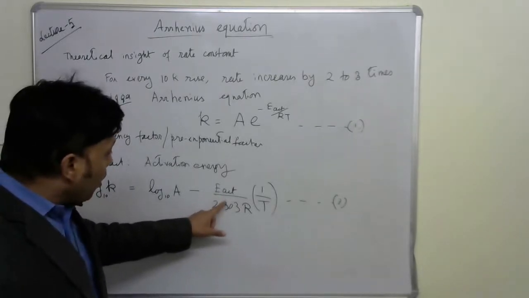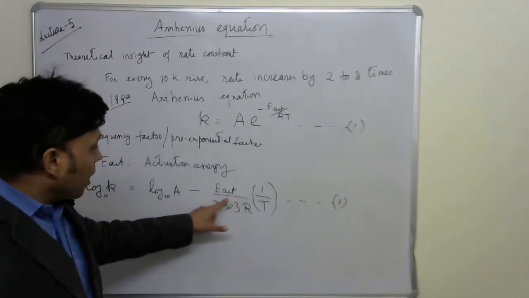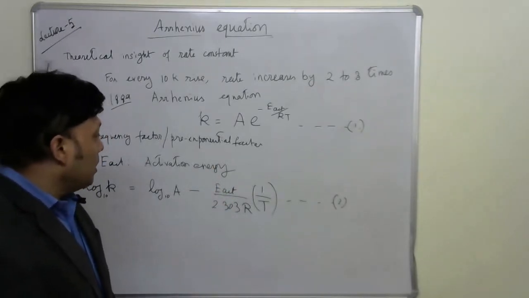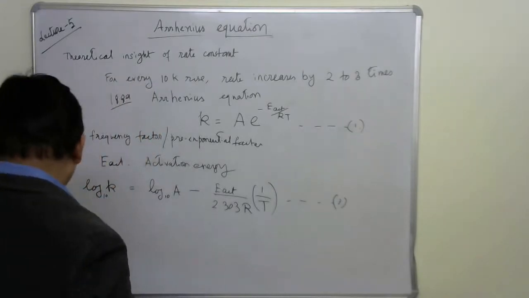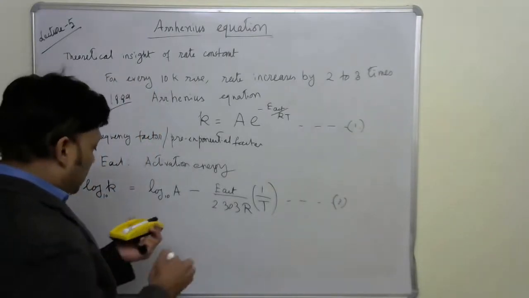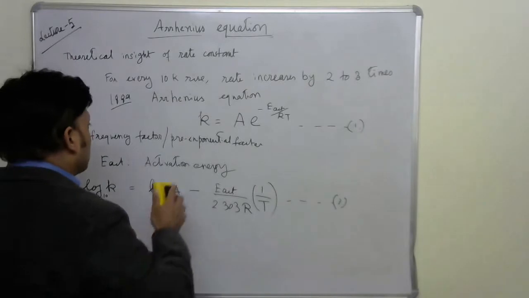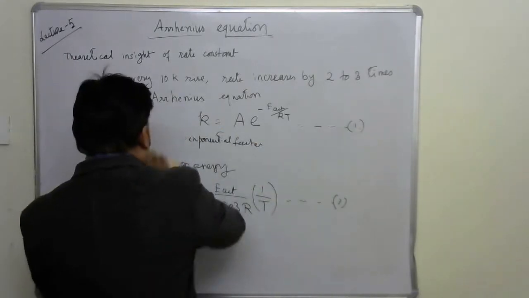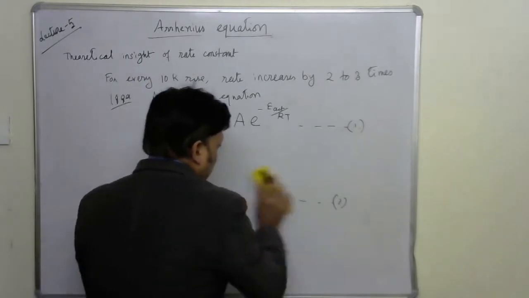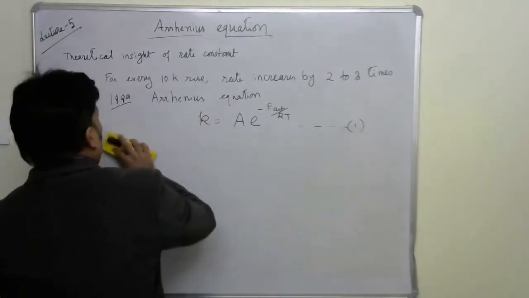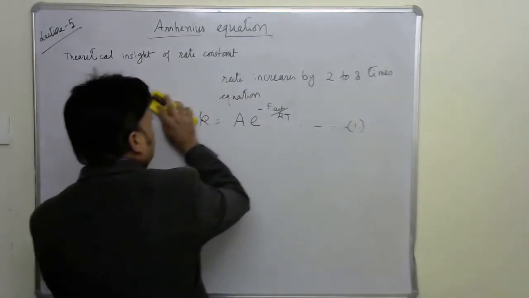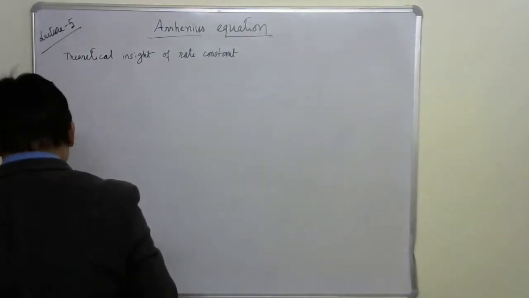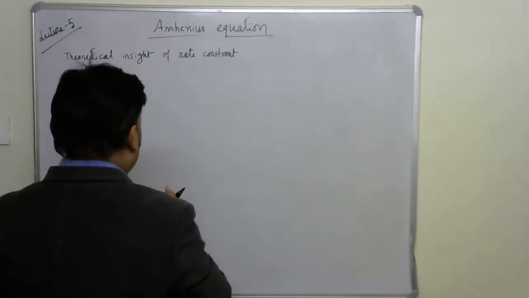And from the slope of that straight line, we can figure out the energy of activation. In a simpler manner, if someone doesn't want to draw the graph, then by some quick calculation it is possible to determine the activation energy. So this is how we can actually do that.